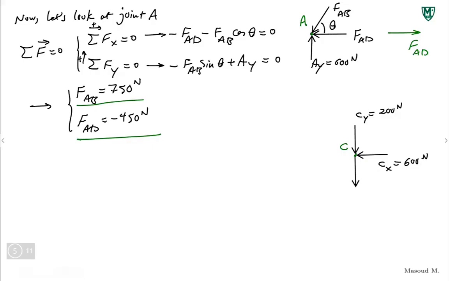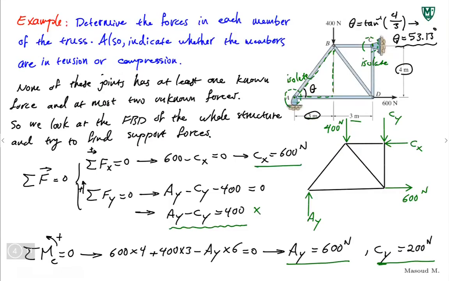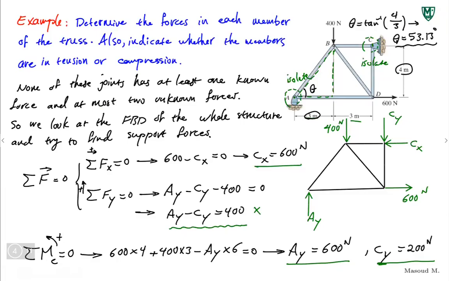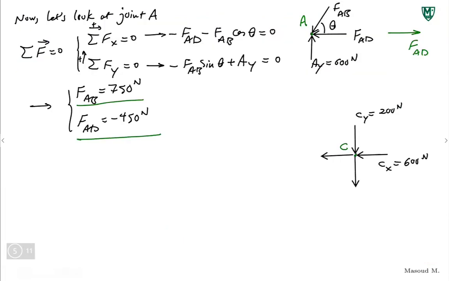And let's say the other member, let's go with the same assumption this way. Let's say it's under tension. And now what is the problem here? By looking at this, I guess we can figure out that since we established the direction for Cx and Cy, go back, let me call these so I can refer to them.